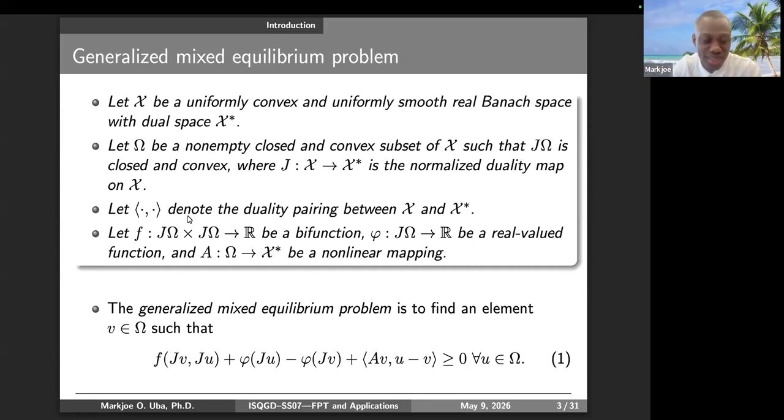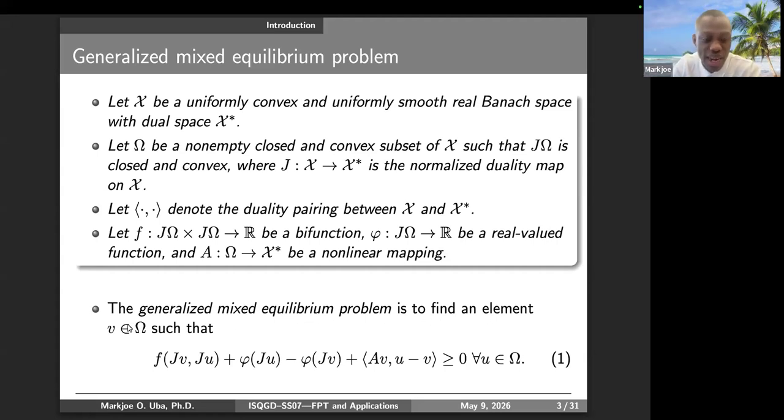So this duality pairing, when we get down to Hilbert space, becomes the inner product. Now let F be a bifunction. It's just a bifunction that is defined on these two sets. And then we have phi to be a real valued function. A is a nonlinear mapping, any nonlinear mapping. So this equation 1 is what we call the generalized mixed equilibrium problem.